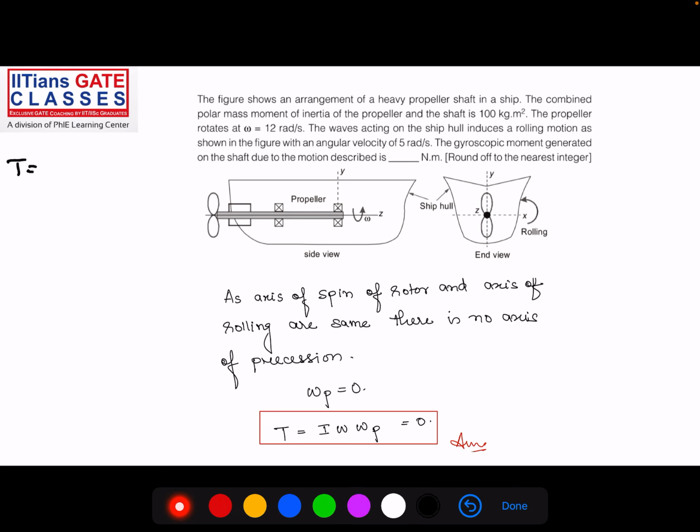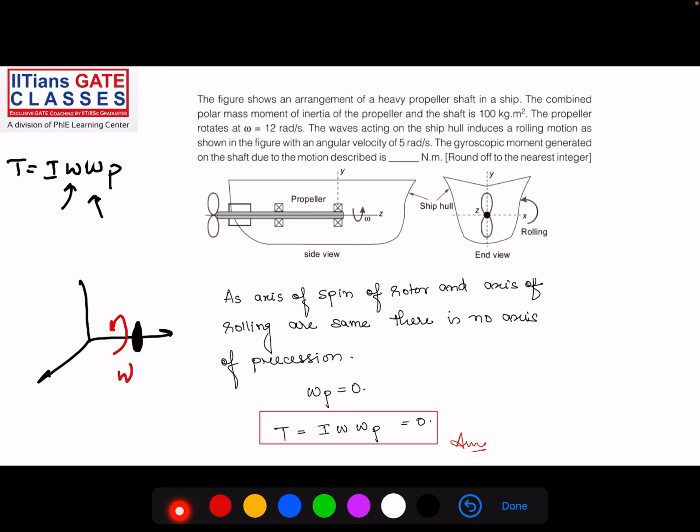Torque is equal to I omega p, where omega is the angular velocity of the spin and omega p is the angular velocity of precession, right? Suppose this is a rotor, and the angular velocity of the rotor is omega.